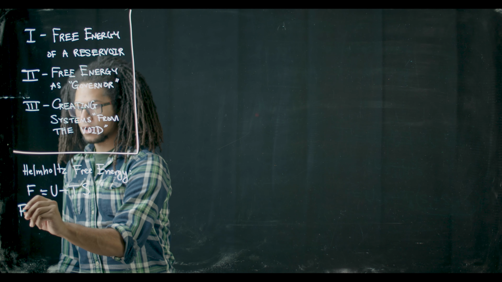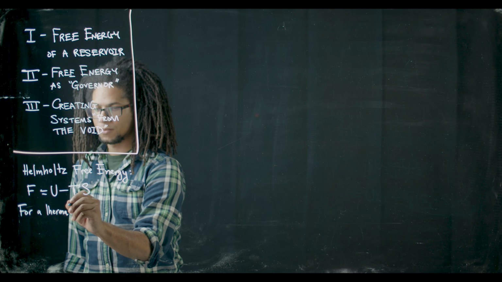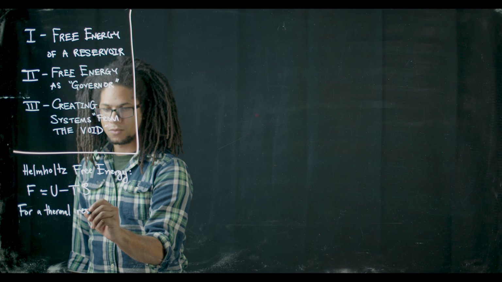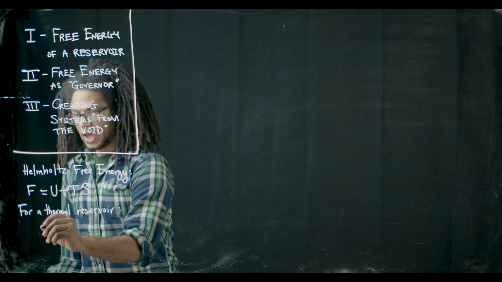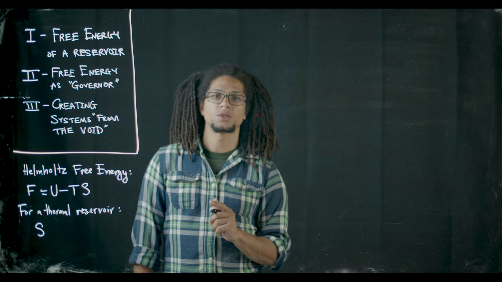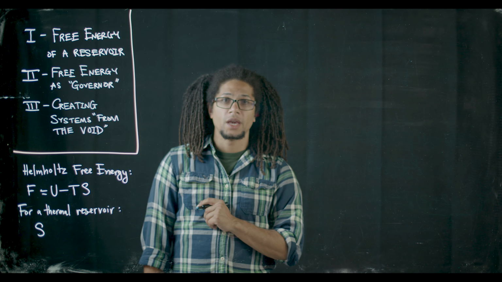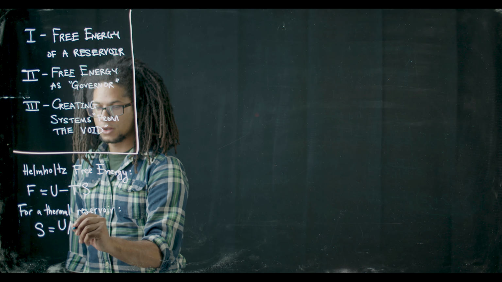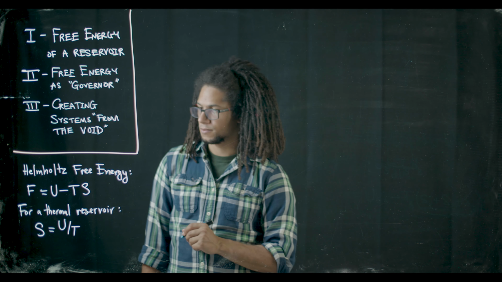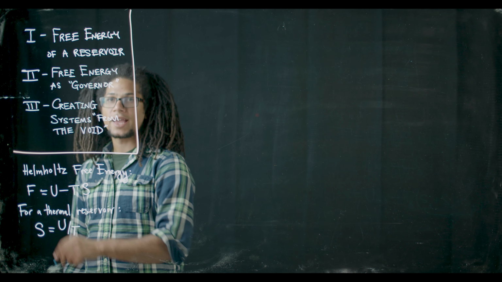Now recall that for a thermal reservoir, we have that S is proportional to U, and then since partial S partial U is 1 over T, we find that S must be U over T. Good. Now let's stick S back into F.